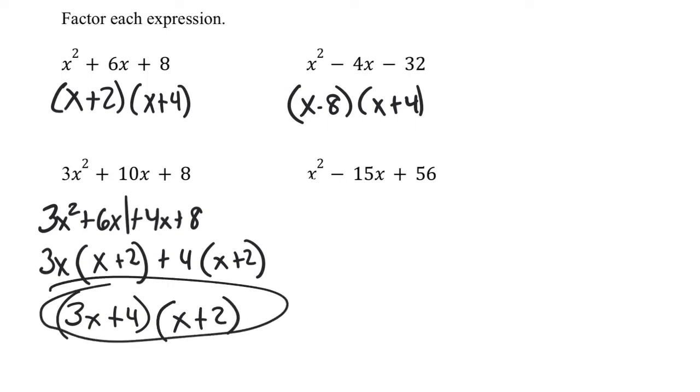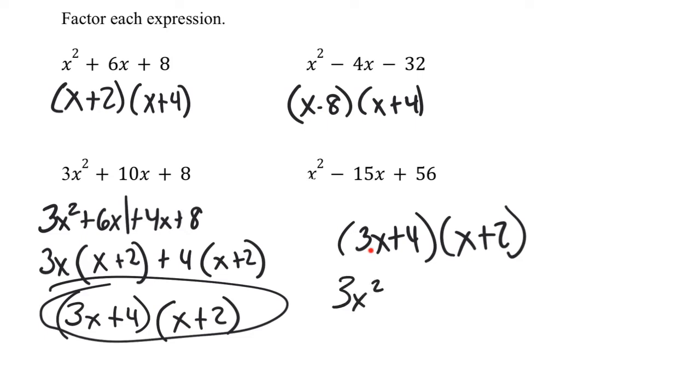That's the factored form. All right, so let's use this one to say, for argument's sake, I wanted to go backwards and double check my work. I could just write it out and multiply it out. So give me my marker back. I have 3x plus 4 times x plus 2. 3x times x is going to give me 3x squared.